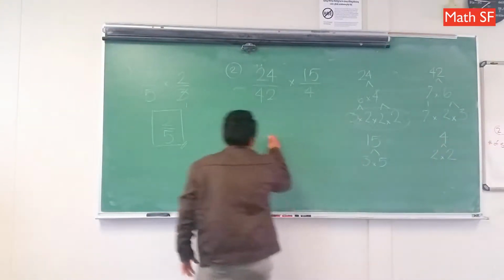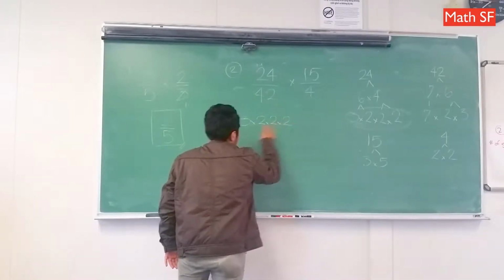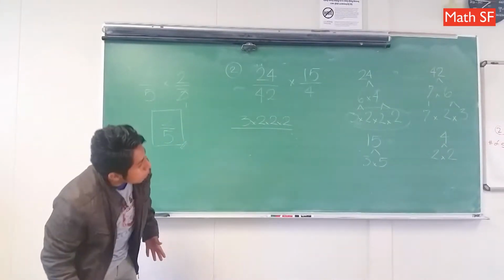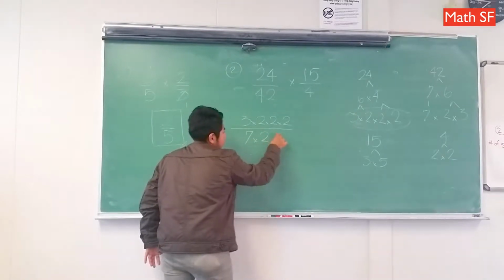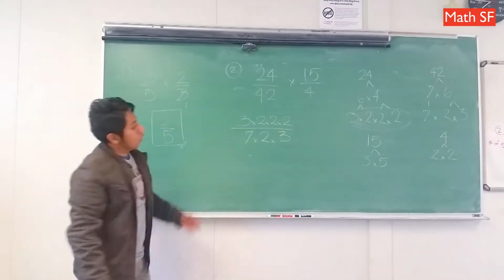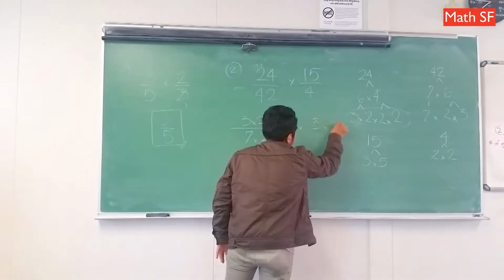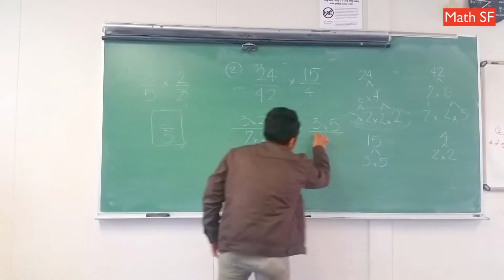Now let's write that. So 3 times 2 times 2 times 2, all over 42. I have 7 times 2 times 3. 7 times 2 times 3. Now the 15, which is a 3 times 5. And the 4 is a 2 times 2.